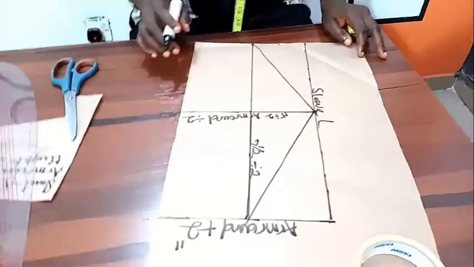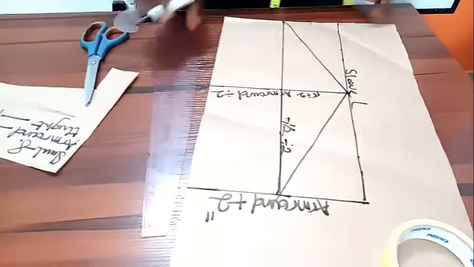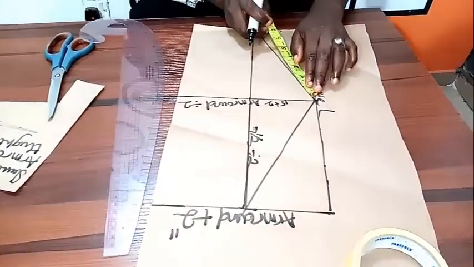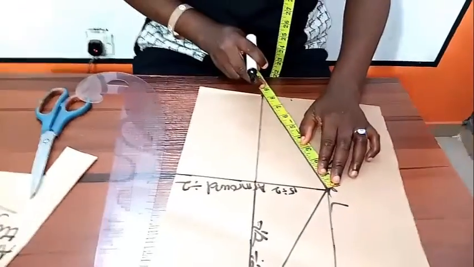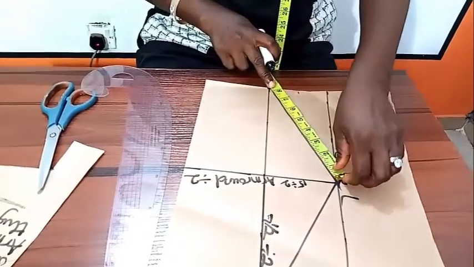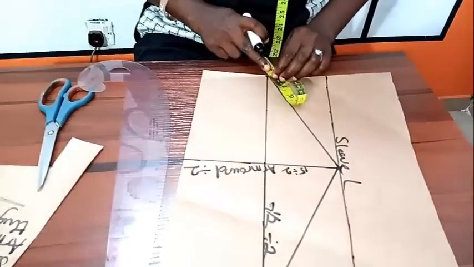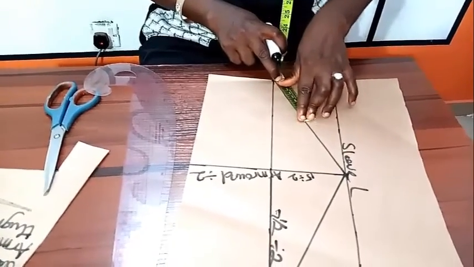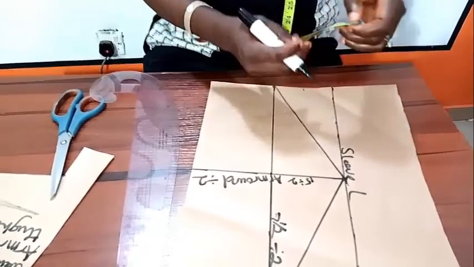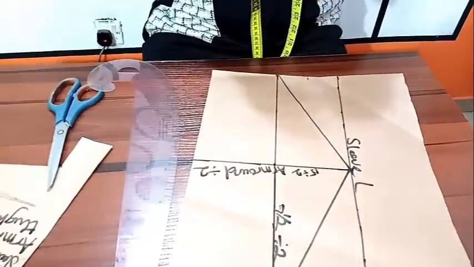So the next thing I'm going to do now is I'll divide whatsoever I have here into 4. So I'll measure what I have there. I have 8 and 3/4. So I'm going to divide 8 and 3/4 into 4 like this. You first divide it into 2. I'll now divide that into 4.